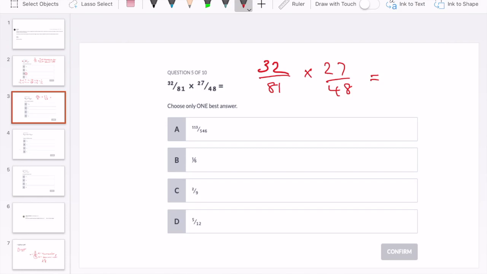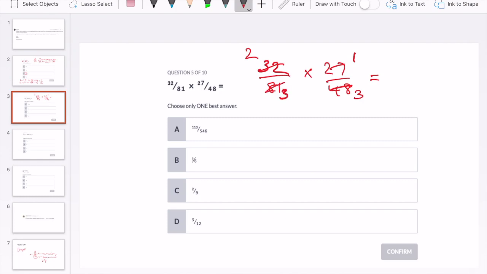So 16 goes into 32 twice, and 16 goes into 48 3 times. Then I think about 27, seeing whether it goes into 81 as well. And it does: 27 goes into 27 once.